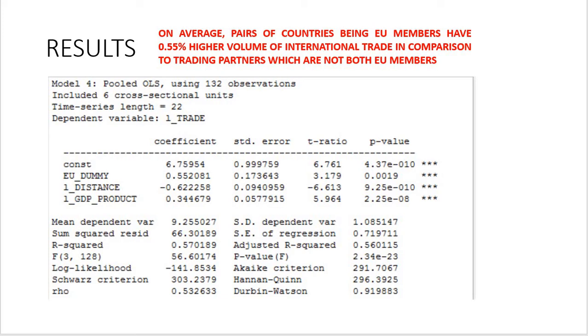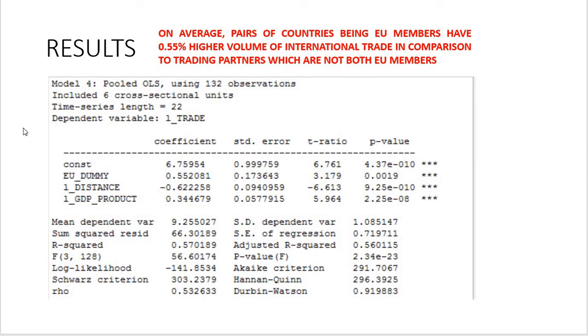As you can see, the variable EU dummy has a positive coefficient, and the value of this coefficient is approximately 0.55. Please keep in mind that the dependent variable is expressed as a logarithm of international trade volume, and that's why we have to interpret the coefficient keeping in mind that we analyze relative change in international trade.